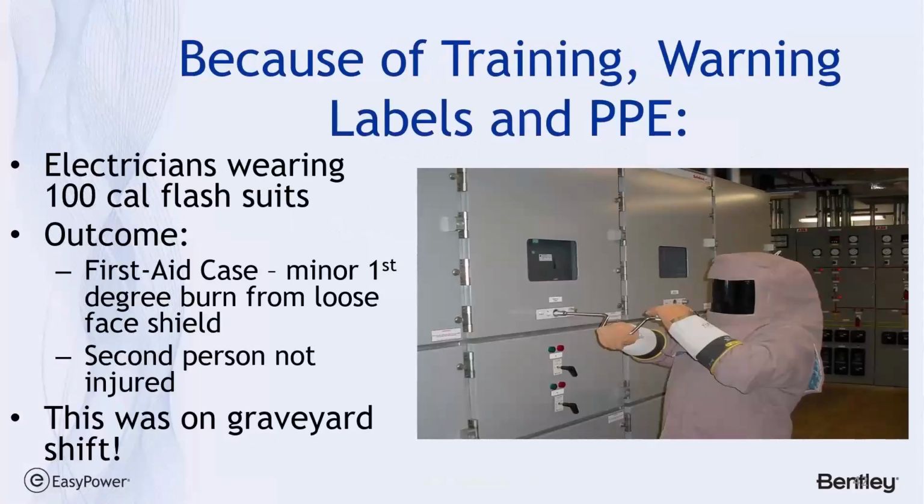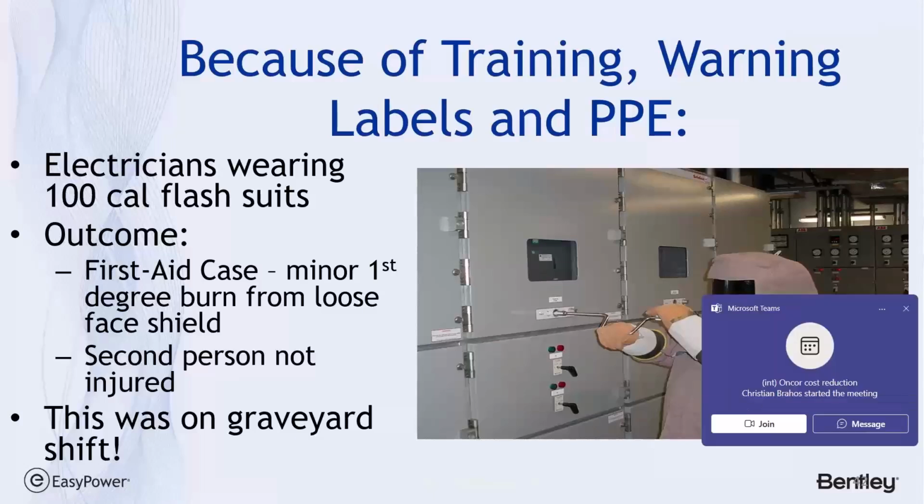Well, the electricians were wearing 100-calorie suits, and as a result, no one was hurt, but there was some minor sunburn on one of the operator's noses because of a deflection of the face shield. It was emphatically emphasized that this all happened on graveyard shift, which was notorious for not properly wearing PPE.